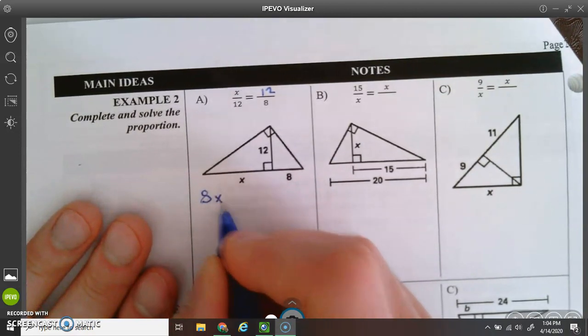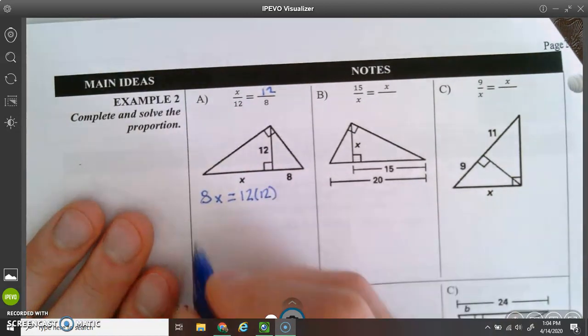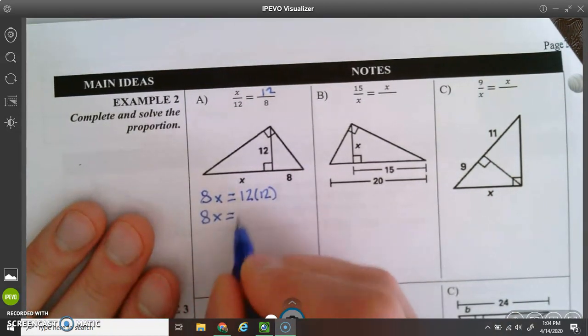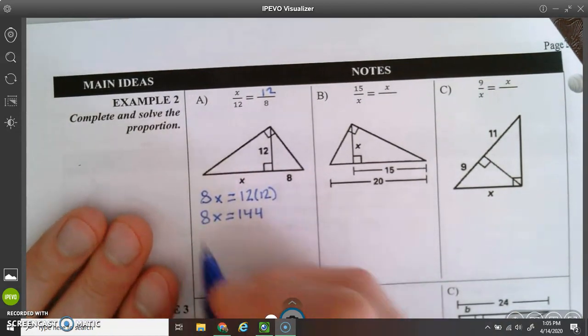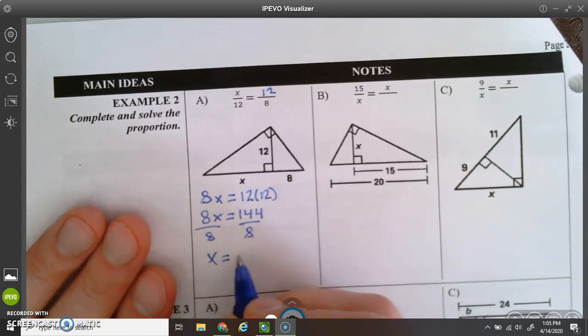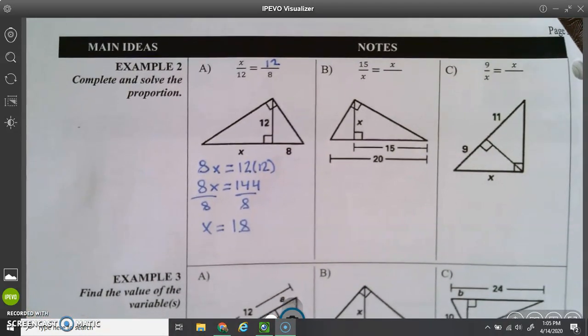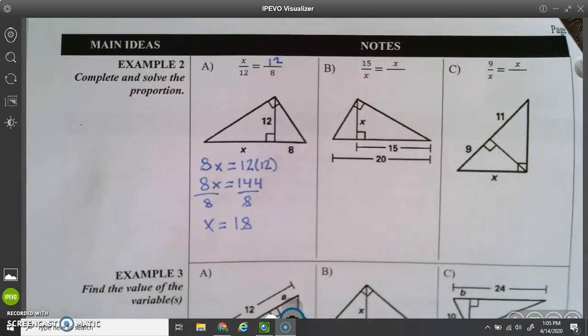So 8x equals 12 times 12, which is in fact 144. If I divide by 8 on both sides, you get x equals 18. As always, if I'm going too fast, please pause and slow down so that you can write it out, and then feel free to resume as you need to.